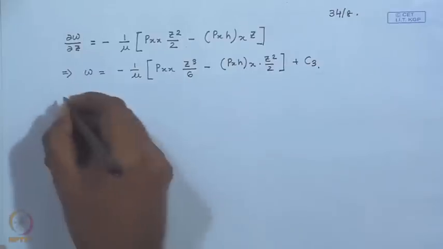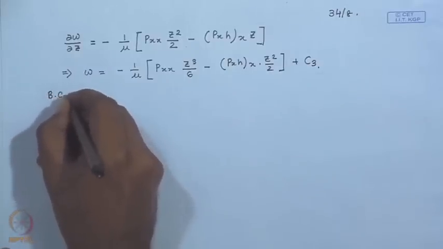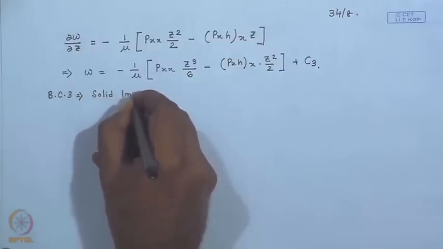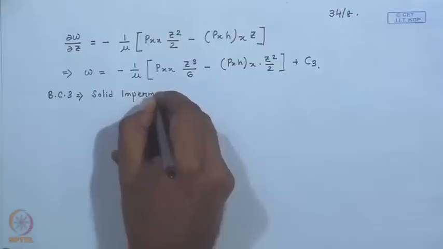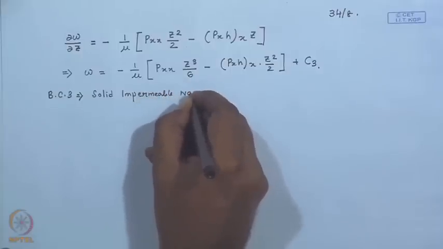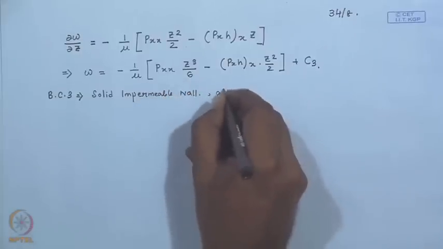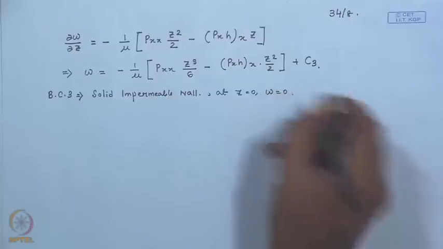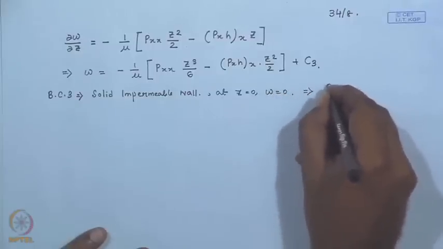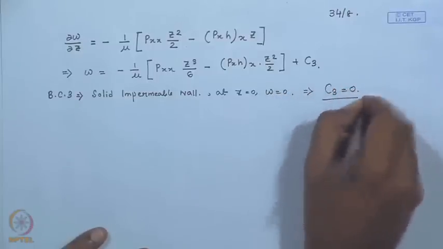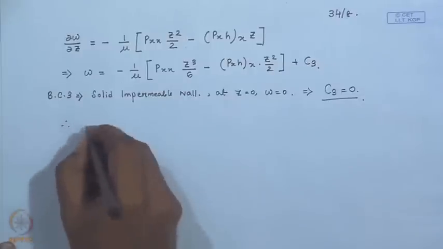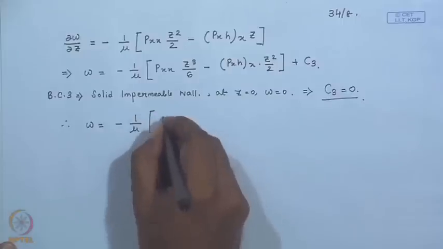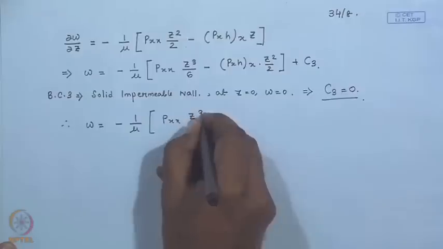At this point, we invoke the third boundary condition, which is that of a solid impermeable wall, that is at z is equal to 0, w is also 0, which gives us c3 is equal to 0. Therefore, we are now left with another expression of w in terms of z.